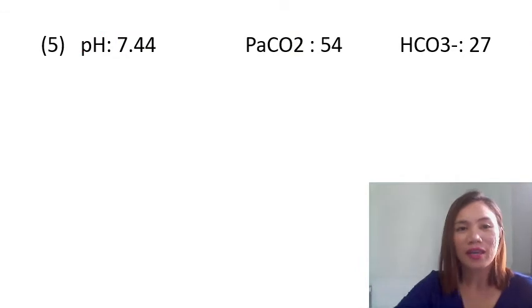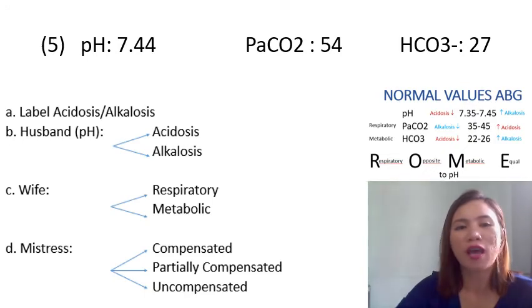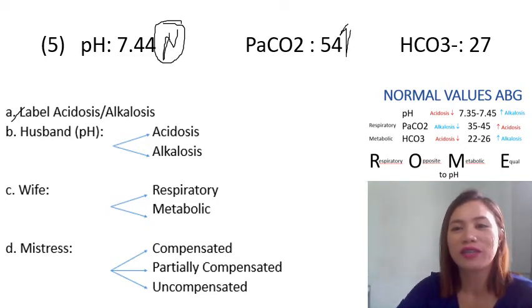All right, next example. Notes out, please. All right, first step, label. 7.44 is normal. Your carbon dioxide is increased. Your bicarbonate is also increased.